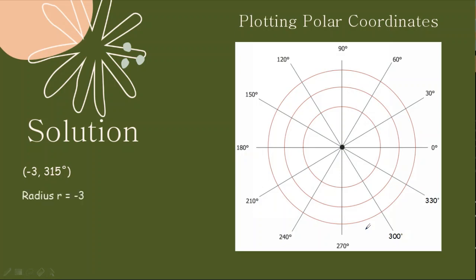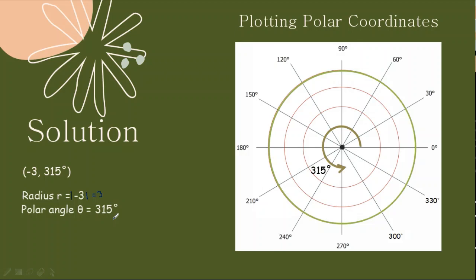So our radius here is 3. As you can see in the polar coordinate plane, our radius here is in the third circle. Then the polar angle, to which we already added another 180 degrees, is 315.